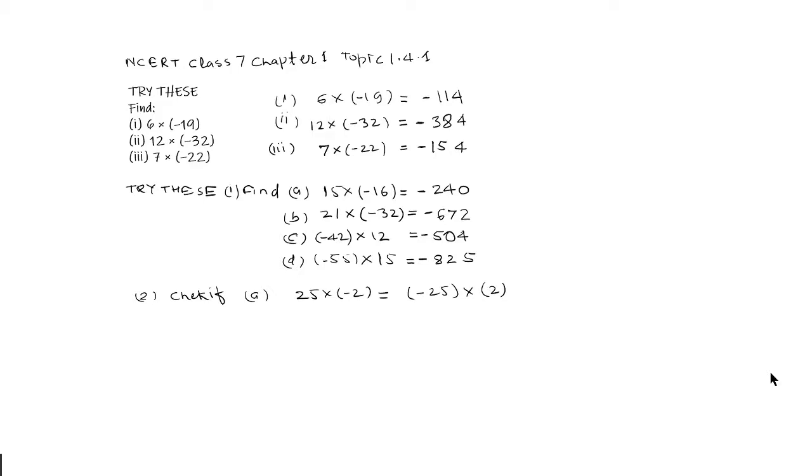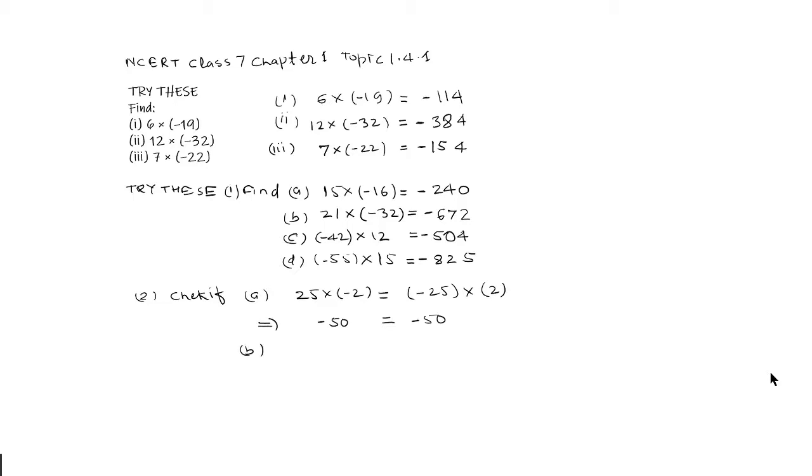So we solve like this. 25 times 2 is 50 and there is a minus sign prior to 2, so I put minus here. And similarly 2 multiplied by 25 is 50 and there is a minus sign prior to 25, I put minus sign here. So we get both sides equal, hence we have verified 25 multiplied by minus 2 equal to minus 25 multiplied by 2.